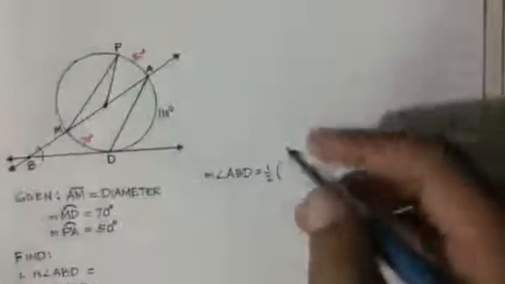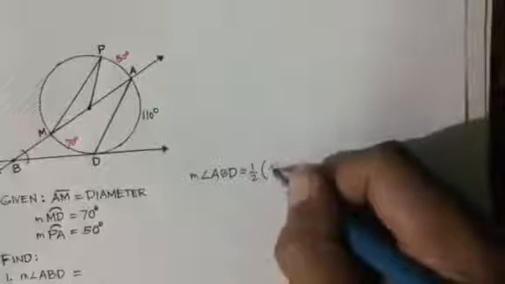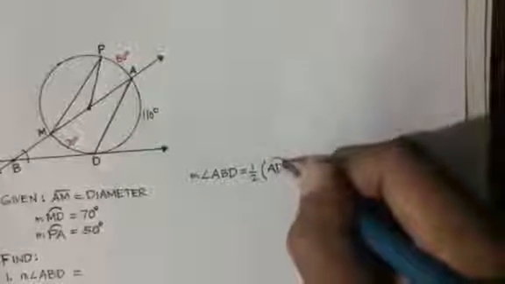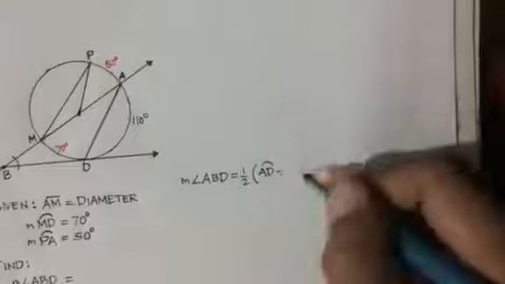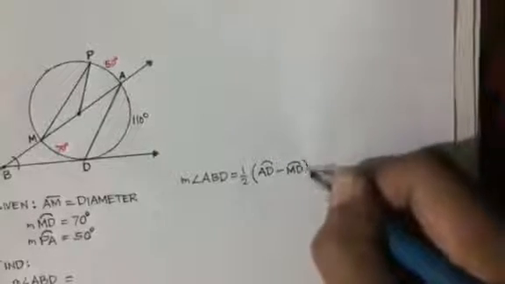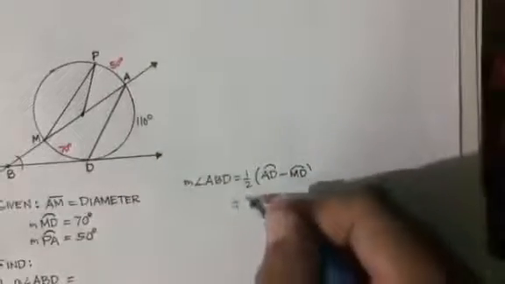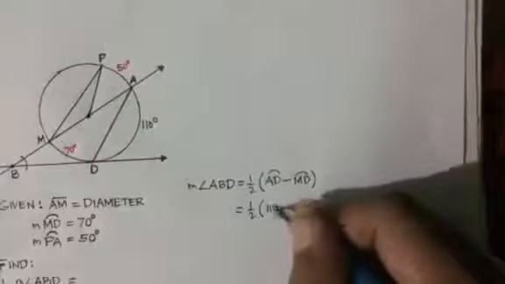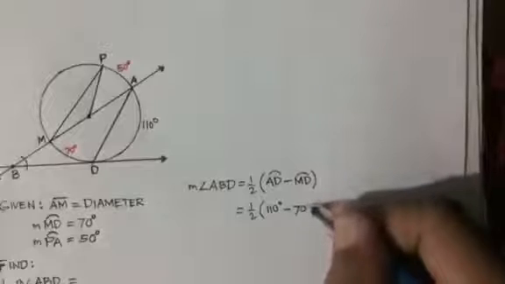So 1/2 of the intercepted arcs: arc AD minus the measure of arc MD, since we are going to subtract, because the point of intersection is outside the circle. So that is 1/2 of arc AD, 110 degrees, minus the measure of arc MD, 70 degrees.